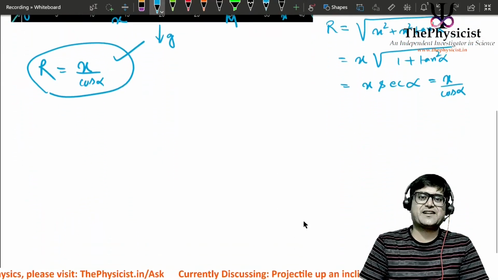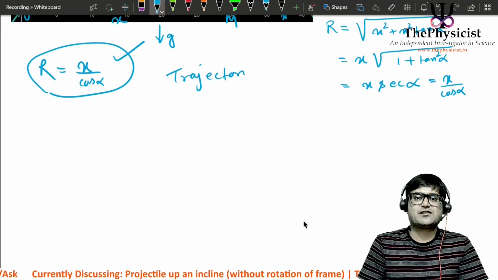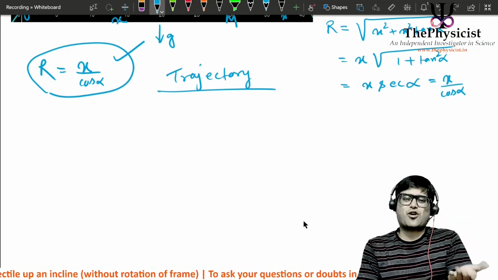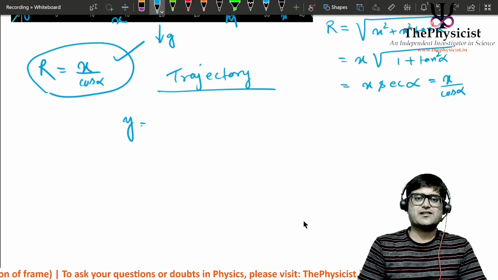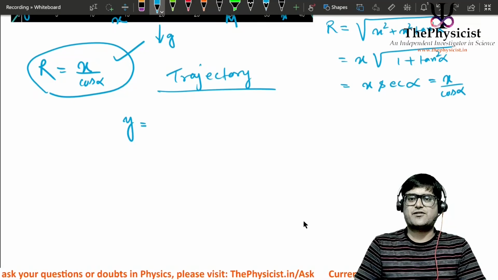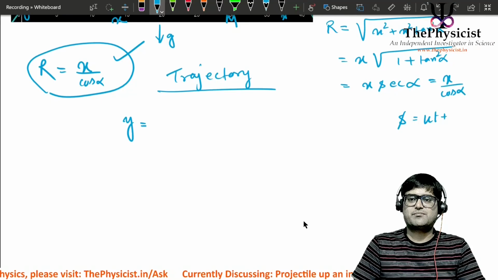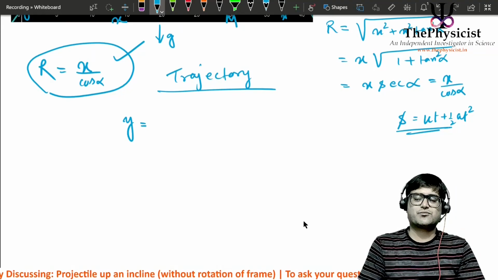So first of all, let's find the trajectory equation for the parabola. How would you find the trajectory for a normal ground to ground projectile? The y coordinate is given by the formula we have already studied in kinematics, s is ut plus half at squared, but instead of s it's the vertical direction.